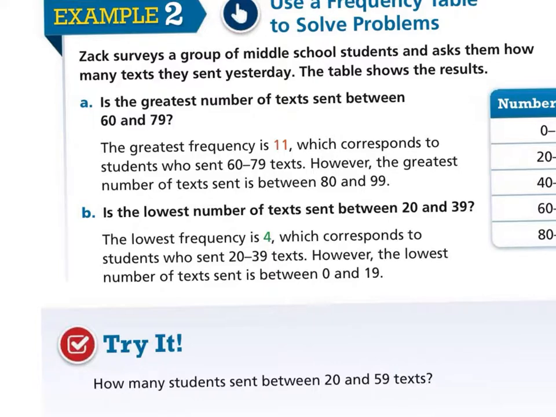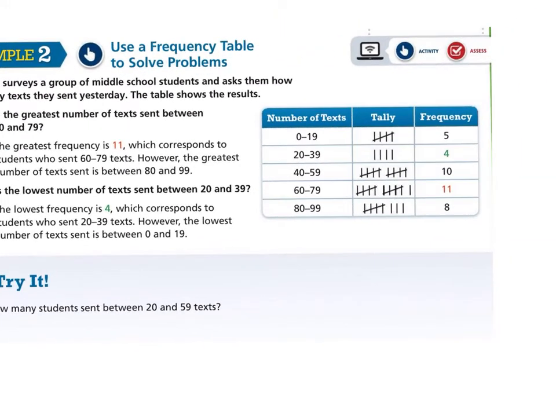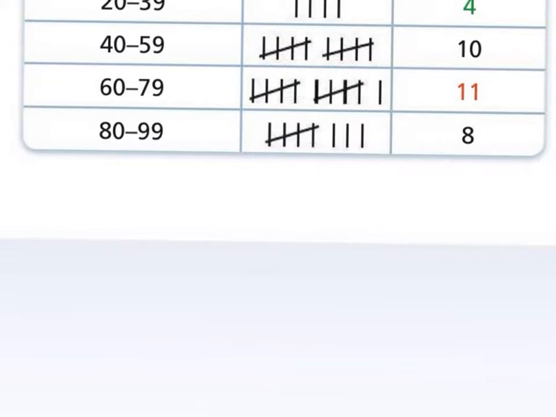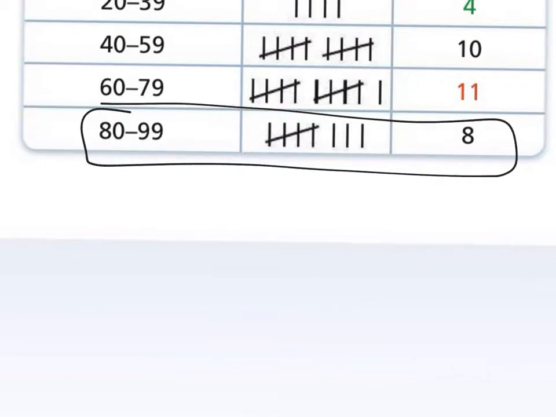It's the most popular of these, but it's not the greatest number of texts. There were people that sent between 80 and 99 texts. We don't know exactly the amount, but that's what the greatest number of texts sent was. Does that make sense? Yes.